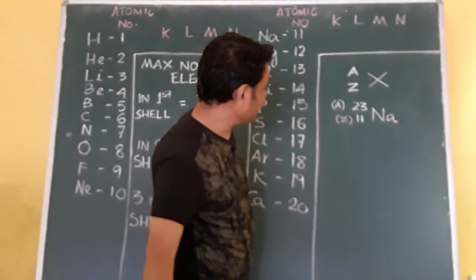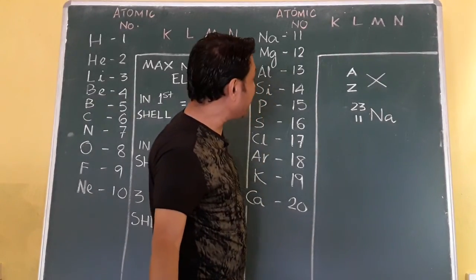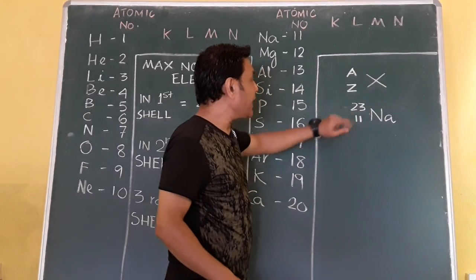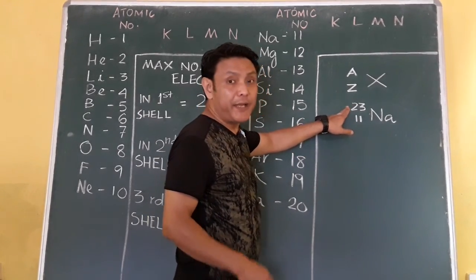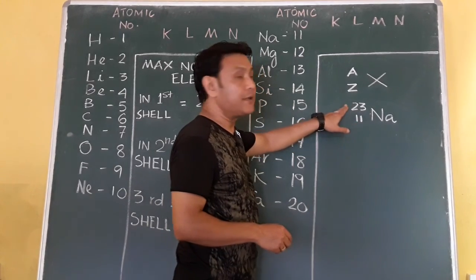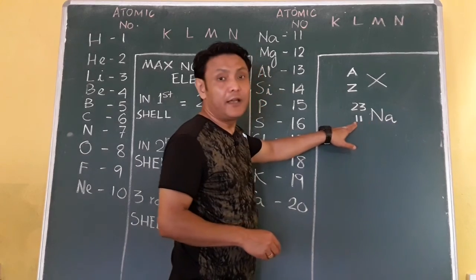So now we can understand that if you have written Na 23 11, the superscript is 23 and the subscript is 11, then we come to know that the mass number or the atomic weight of sodium is 23, whereas the atomic number of sodium is 11.